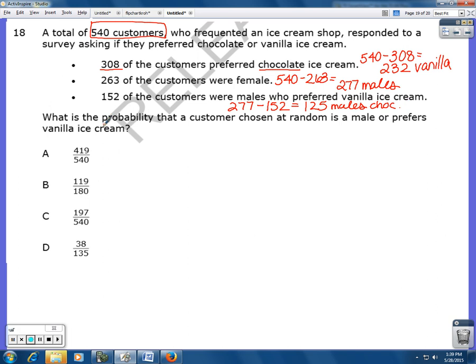What's the probability that a customer chosen at random is male or, and remember in probability, or means to add, prefers vanilla ice cream? So I'm looking for the probability. I'm going to take all the males out of the total number of customers plus the people who prefer vanilla out of the total number of customers.